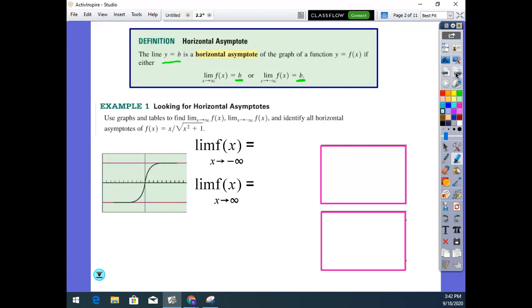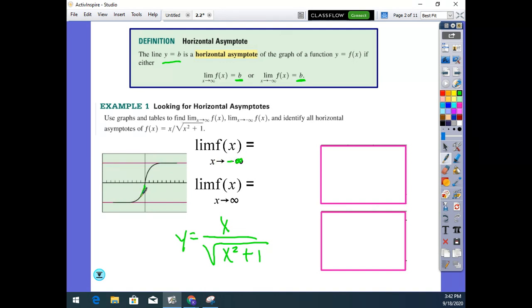All right, so let's look at this one. If we look at the graph of x over the square root of x squared plus 1, graph that on your calculator. First let's look at negative infinity.